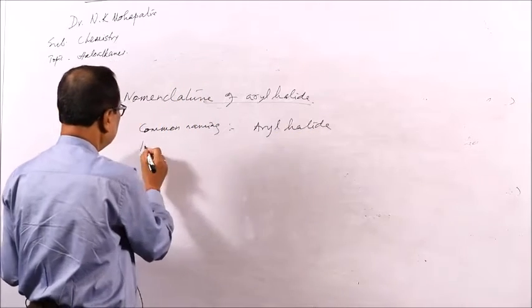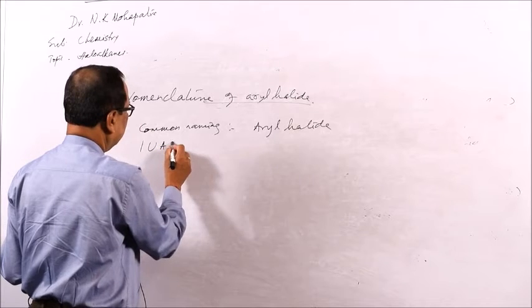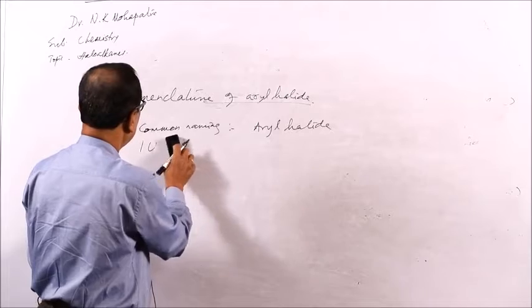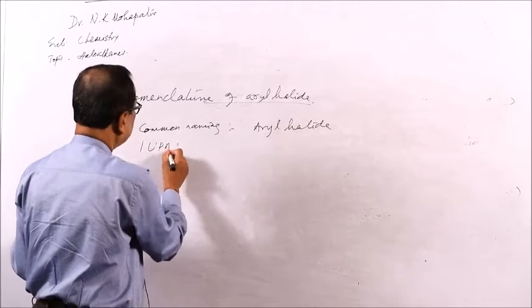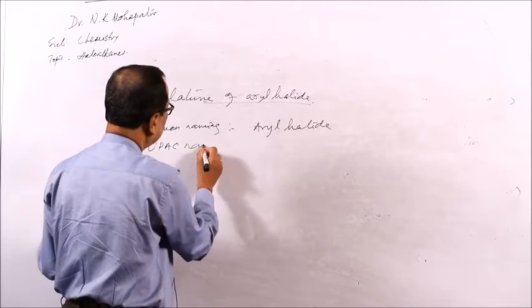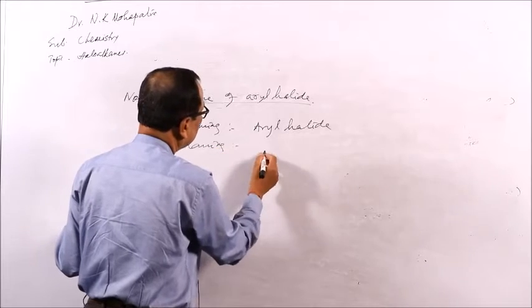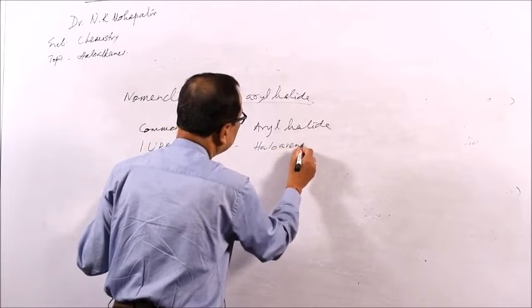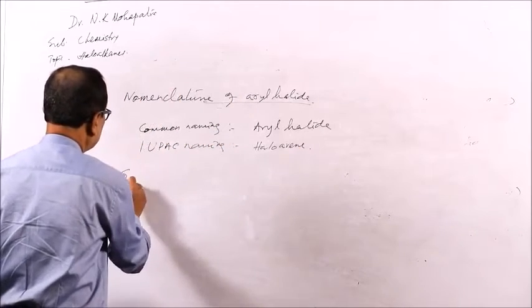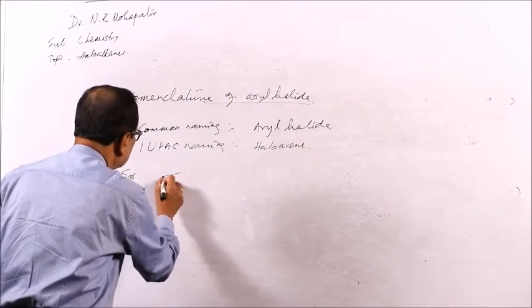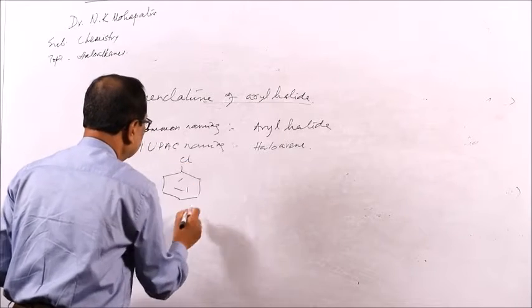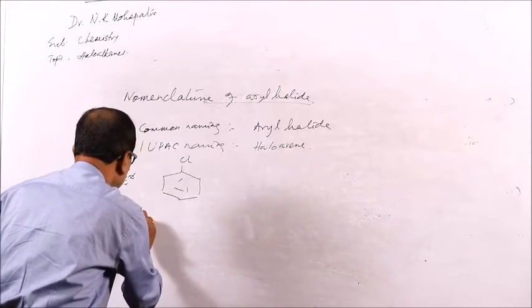But in IUPAC naming, this is a haloarene. For example, benzyl chloride is a common name.